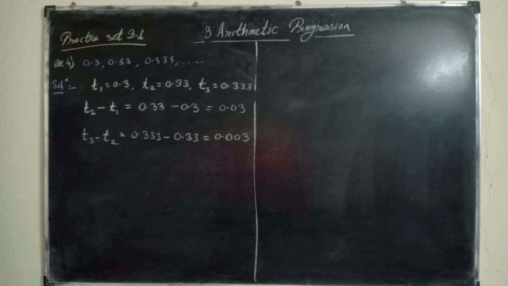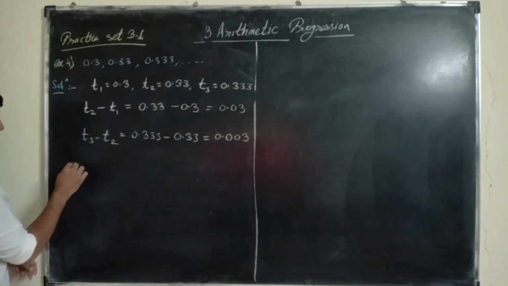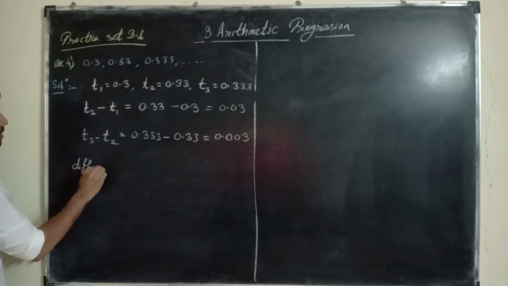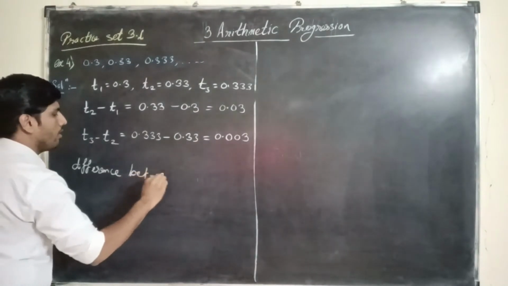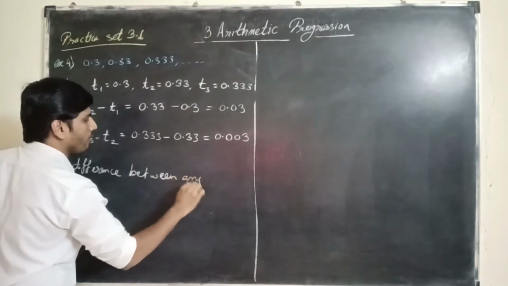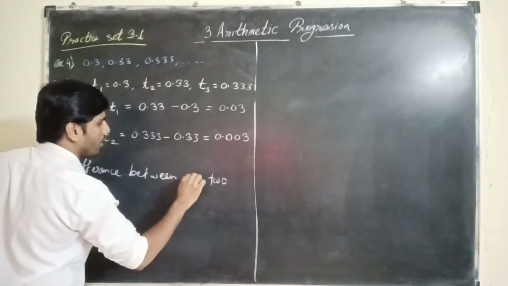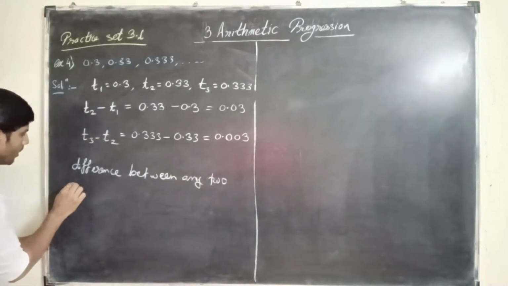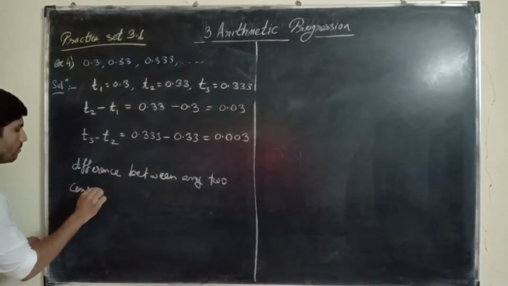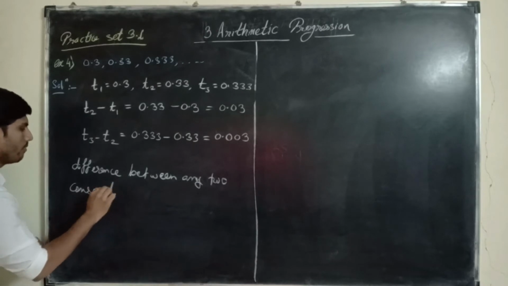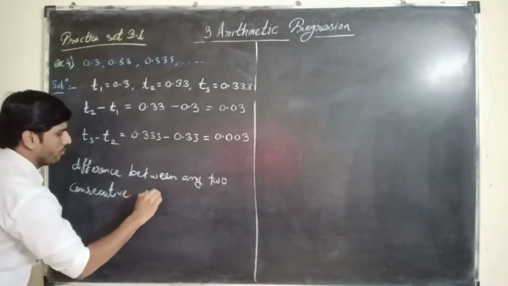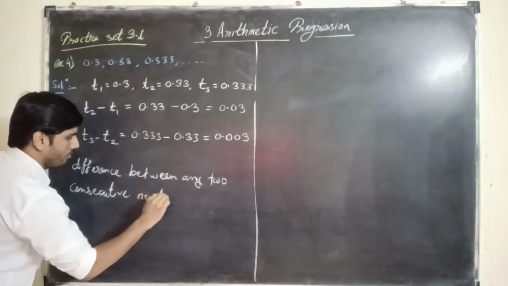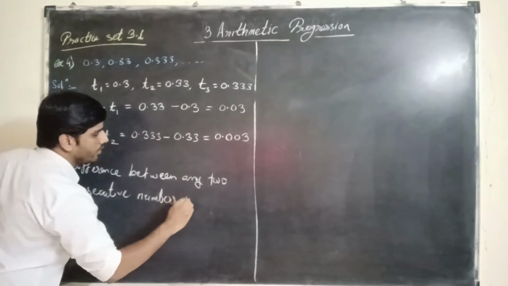So we can say that the difference between any two consecutive numbers is not constant.